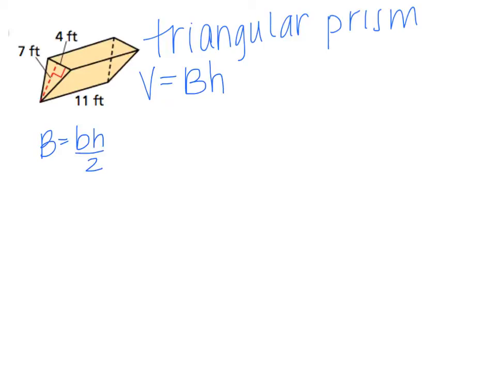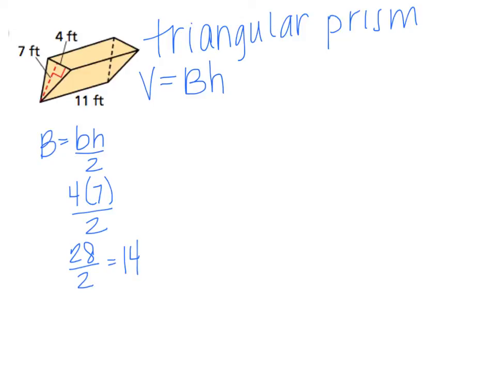In this example, the base of my triangle is 4, the height is 7, and then I need to divide by 2. So 4 times 7 is 28. 28 divided by 2 is 14.